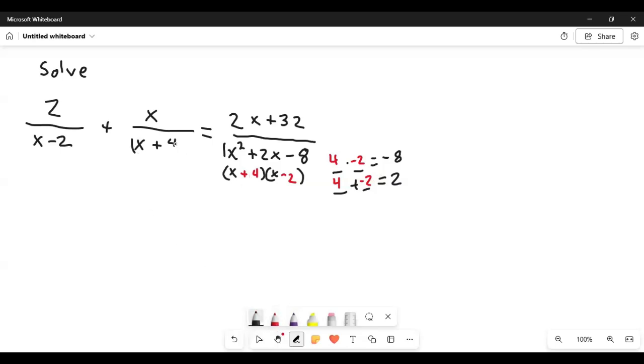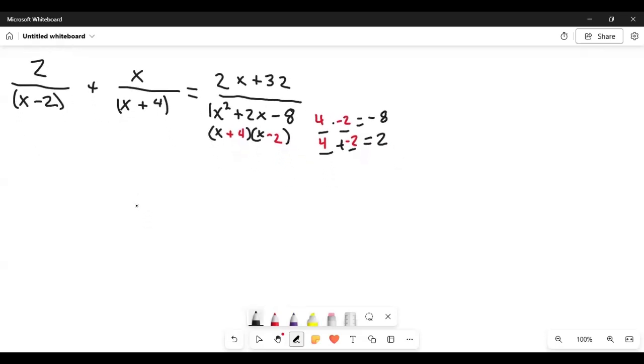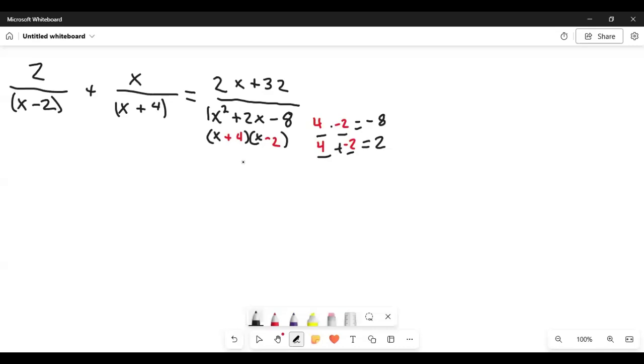Oh, look, the x plus 4 and the x minus 2's are the denominators of the other two fractions. It doesn't have to be the same, but if it wasn't the same, it'd be an even harder problem. Now, let me rewrite this equation using the factored denominator. And when I rewrite it, I'm going to leave some space after each fraction because I know what the next step is.